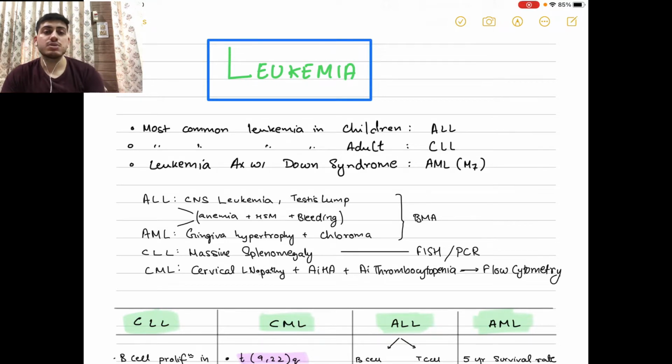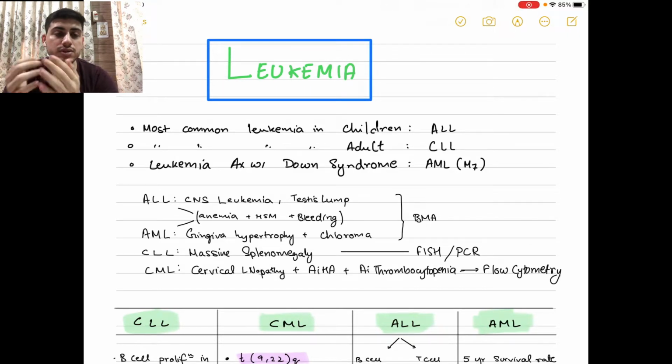So leukemia. There are four types of leukemias that are based on, first of all, the growth of the cancer cells, that is also called proliferation. If it's sudden, it is called acute, and if it's slow, gradual, then it's called chronic. Now based on their morphology, whether they are arising from the myeloblasts or from the lymphoblasts.